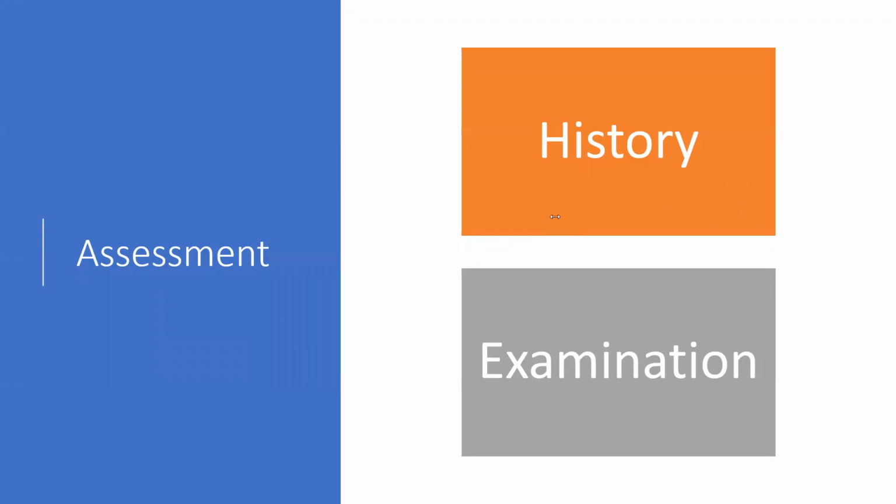Blurred vision, yes, so they can come with visual abnormality. It could be blurred vision, visual disturbances, or sometimes new onset nystagmus or squint. Yes, bradycardia, again, this will come in the examination.